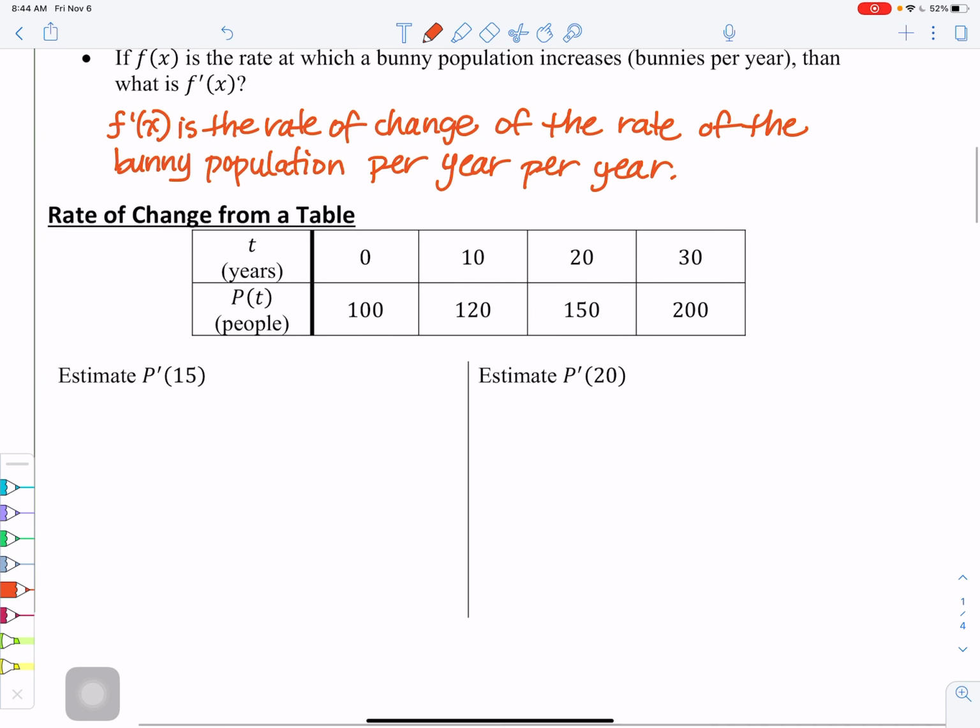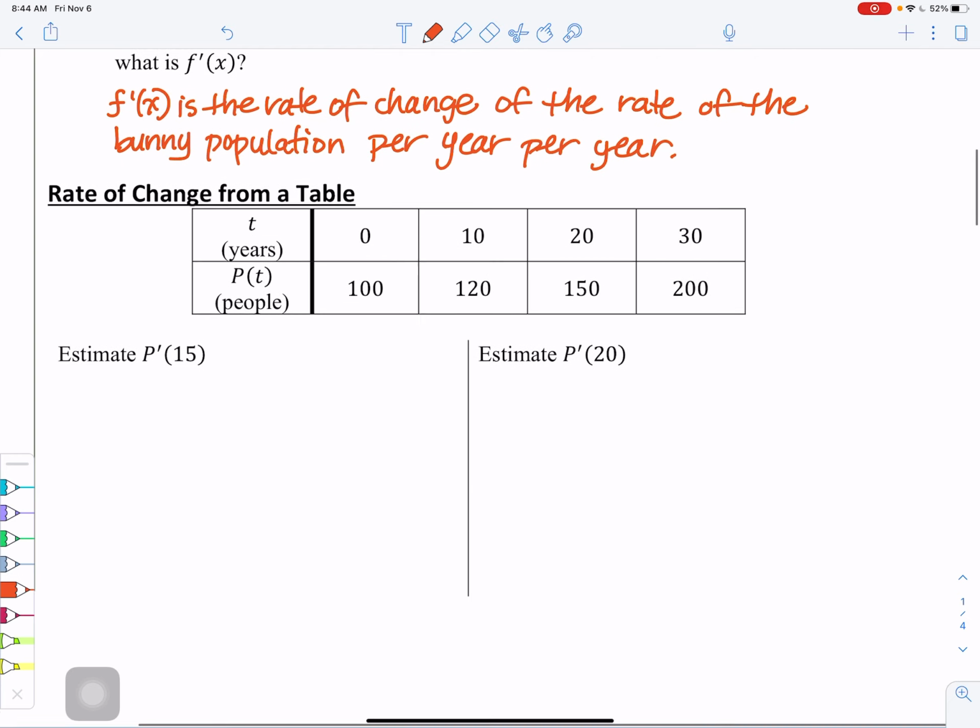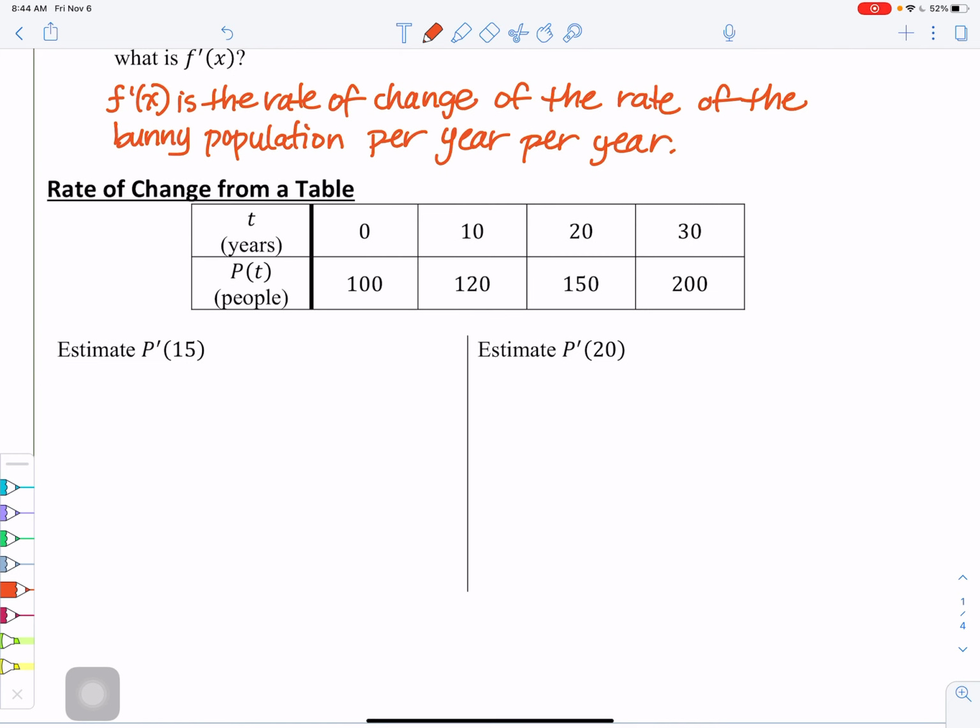Okay, let's take a look at this table, finding the rate of change from a table. Now, there are a couple things to note. Here we have t in years, and here we have people. Whatever it represents, it could be people that are part of a club after 0, 10, 20, and 30 years. If you were asked to estimate P prime of 15, you can see 15 falls right between 10 and 20.